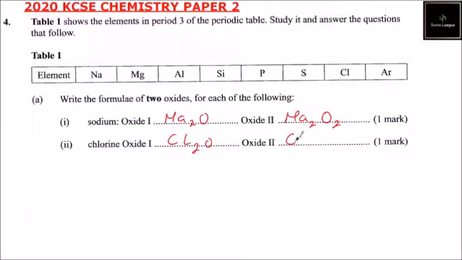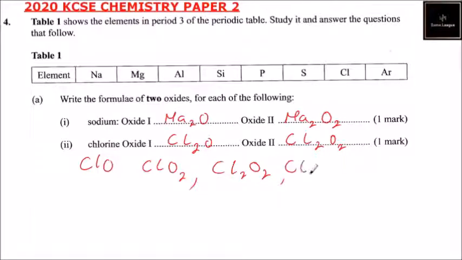We have another one, Cl2O2. We have others like ClO, which is chlorine oxide.